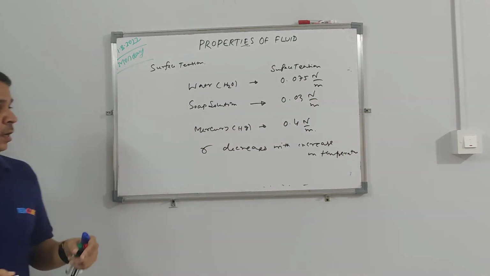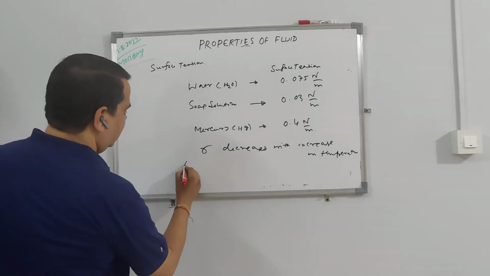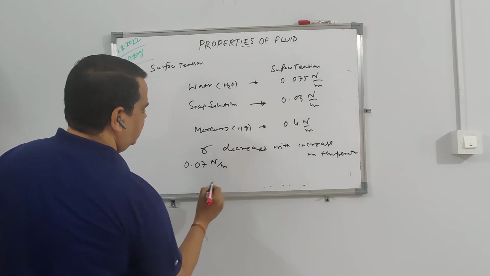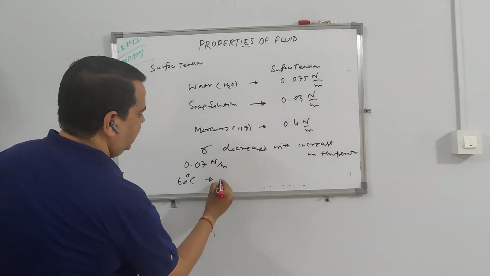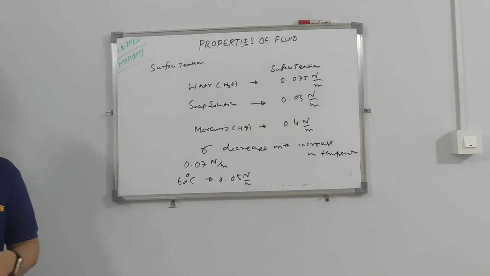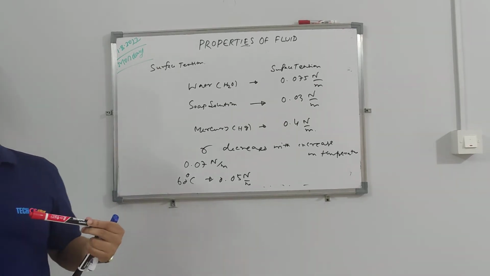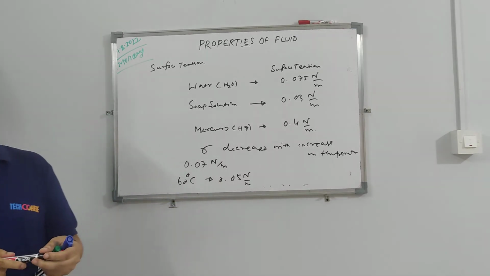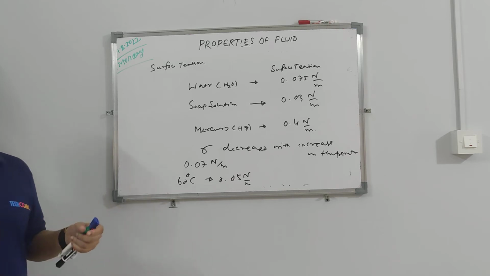Let us say your soup may have surface tension of say 0.07 Newton per meter. If it is at say 60 degrees centigrade or whatever, it may come down to 0.05 Newton per meter. So with decrease in surface tension, it will spread completely. It will wet your tongue like anything, so you will find it more tasty.